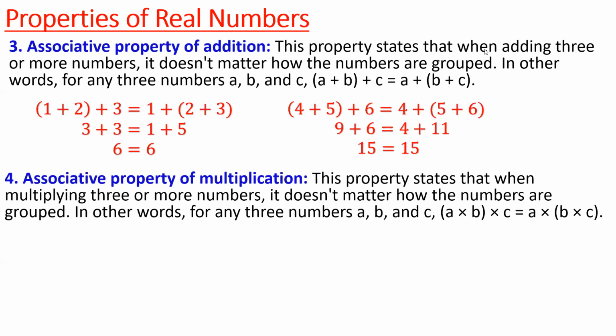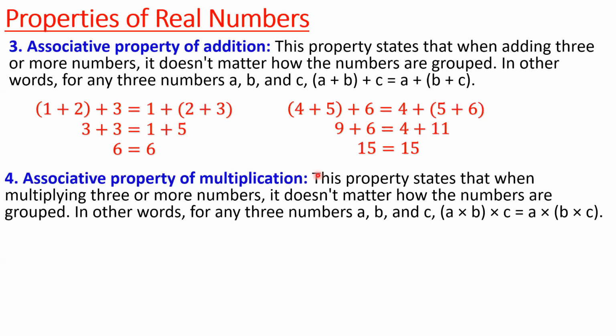In other words, for any 3 numbers A, B, and C, open brackets A times B close brackets times C equals A times open brackets B times C close brackets. Very good. So the way that we group the numbers when we multiply them doesn't matter. All right. That's what this property states.